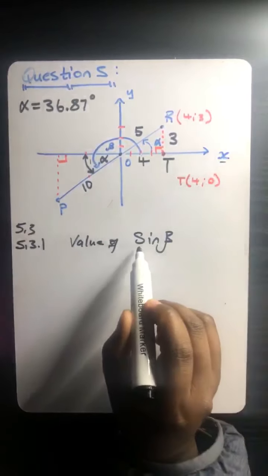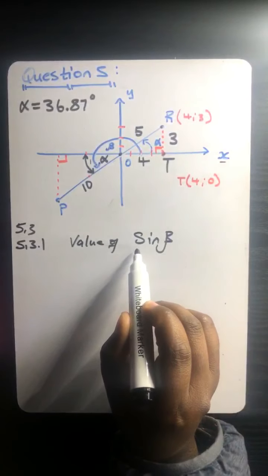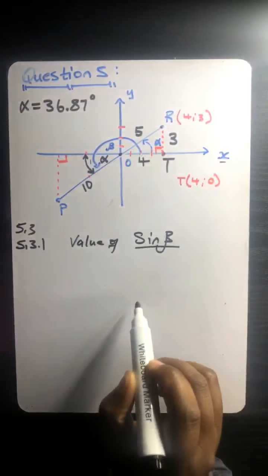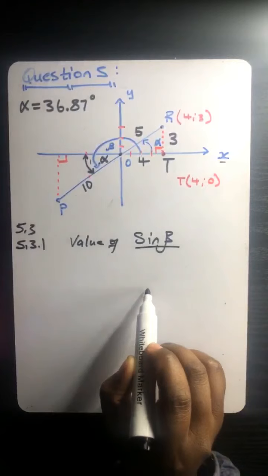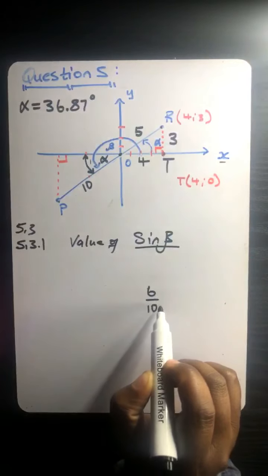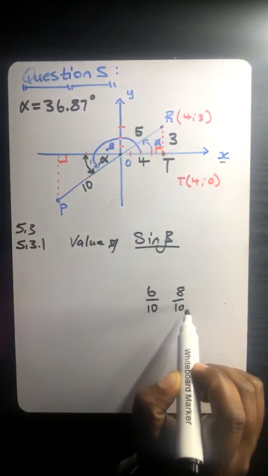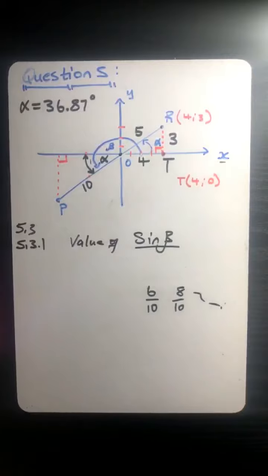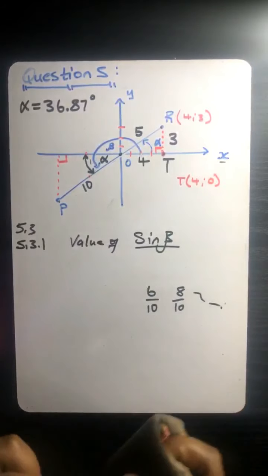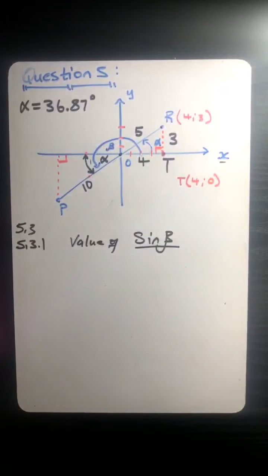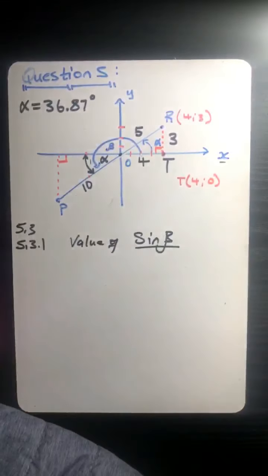But remember, when the question says the value of sine beta, they want that ratio to say, is it maybe 6 over 10? Is it maybe 8 over 10? Is it maybe whatever? That's what the question wants you to give as an answer. So I'm not sure if you guys can try to actually think about it.